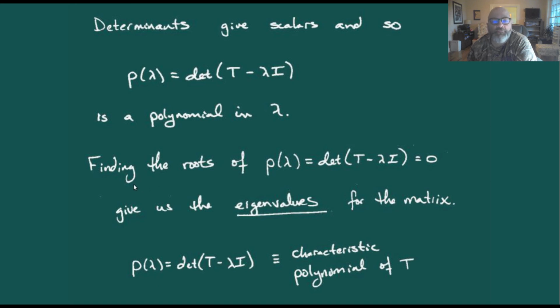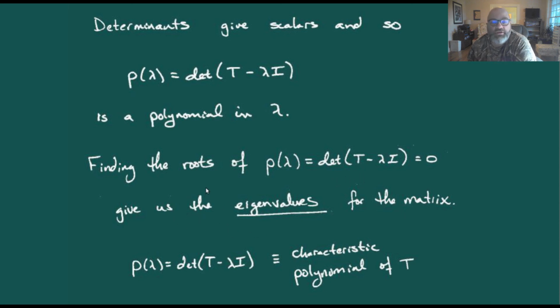So finding the roots of this polynomial, the values of lambda, is going to lead us to values where we can have a non-trivial solution, and that will give us the fixed direction vectors that we're actually looking for.